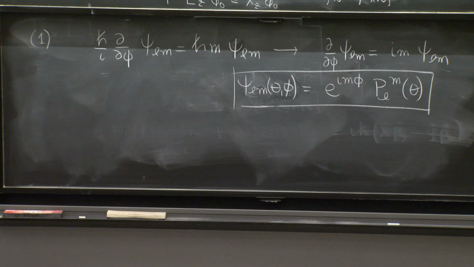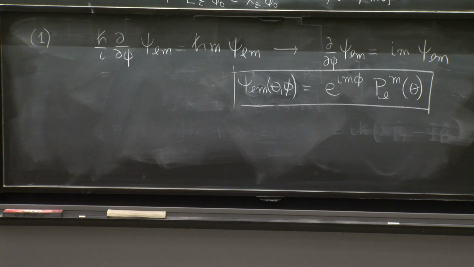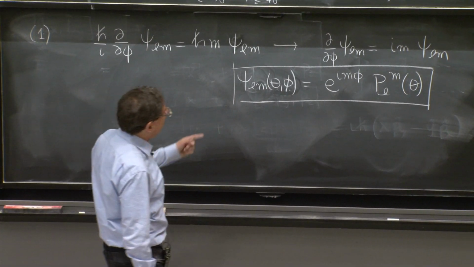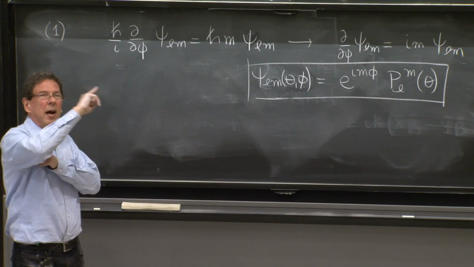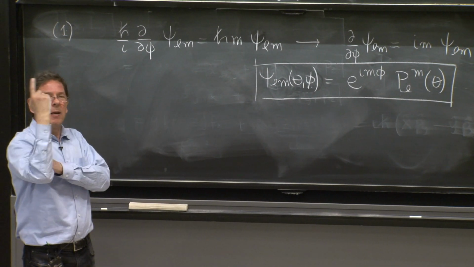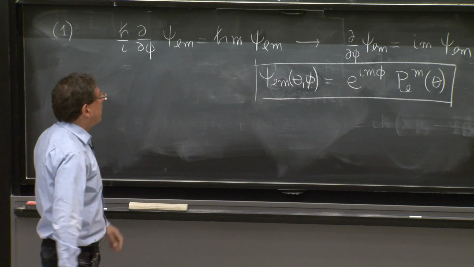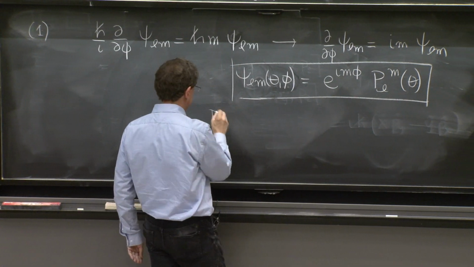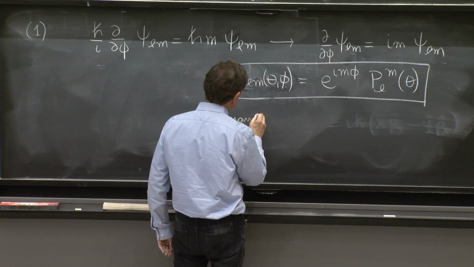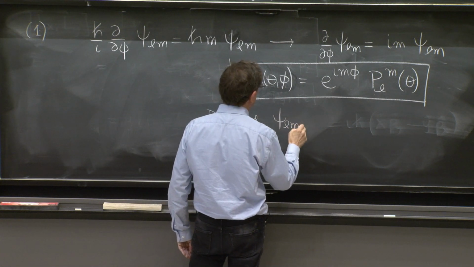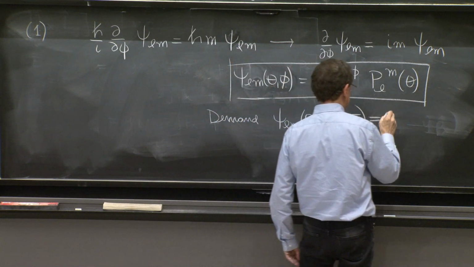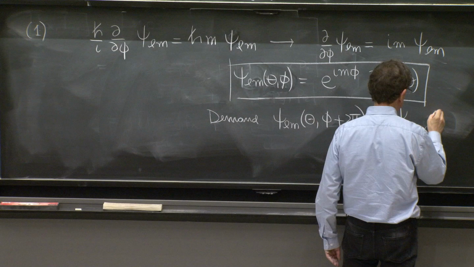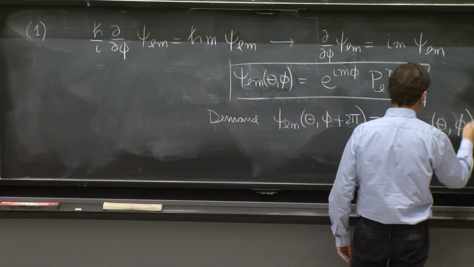So at this moment, you say, well, I'm going to use this for wave functions. I want them to behave normally. So if somebody gives me a value of phi, I can tell them what the wave function is. And since phi increases by 2 pi, and it's periodic with 2 pi, I may demand that psi Lm of theta and phi plus 2 pi be the same as psi Lm of theta and phi.